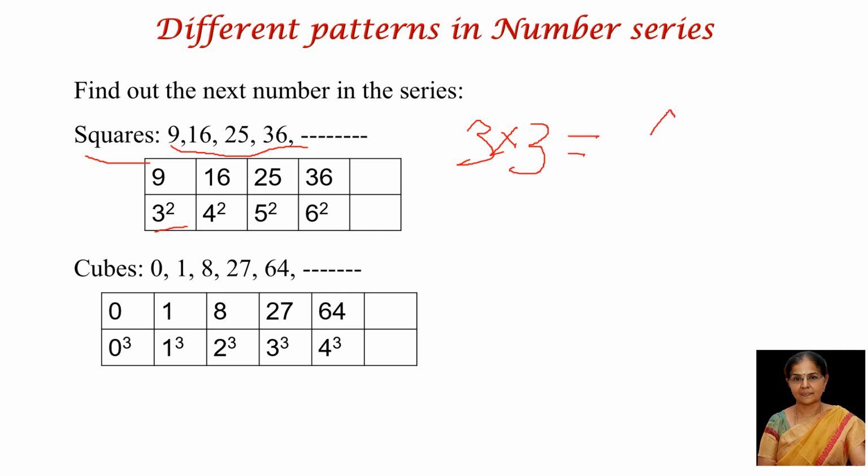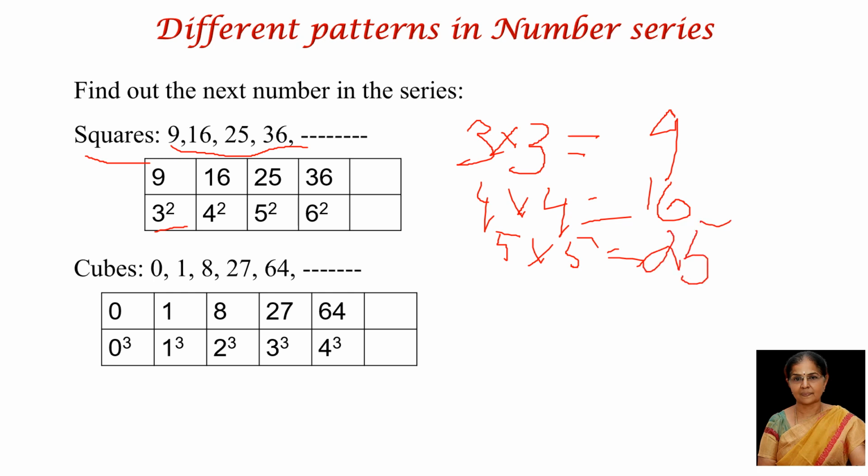In the same way, 16 is 4 into 4 is 16. And 25 is 5 into 5 is 25. And 36 is 6 squared. That's what we say, 6 squared is 36.